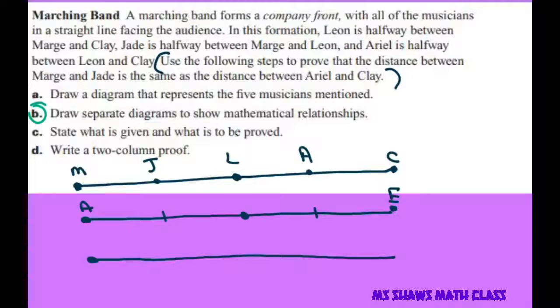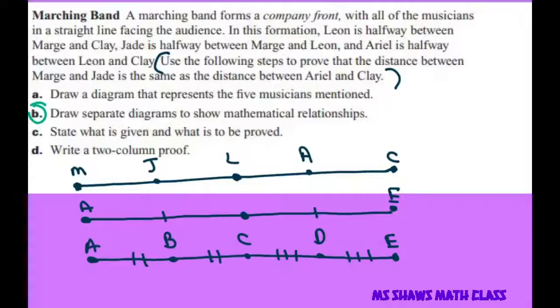A to E. Put C in the middle. And then B here, and D here. And then these two go together, and then these two go together.